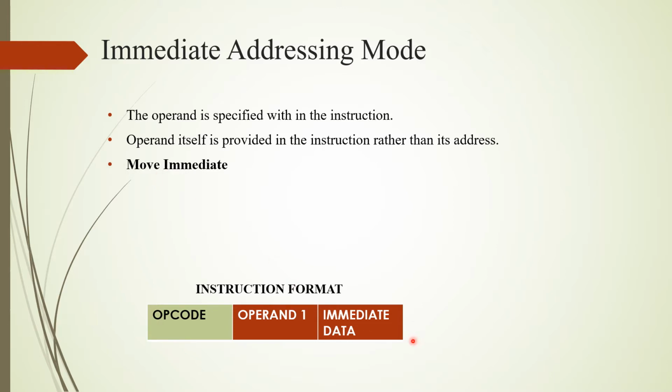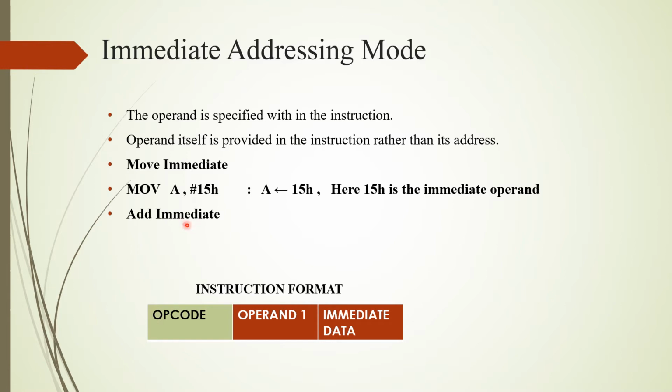Here I have taken an example of move immediate. I have used the instruction MOV A, #15H. Here 15H is hexadecimal data moved to the register called A, and the hash sign always indicates that whatever data is given here is immediate data, and H indicates it is in hexadecimal.